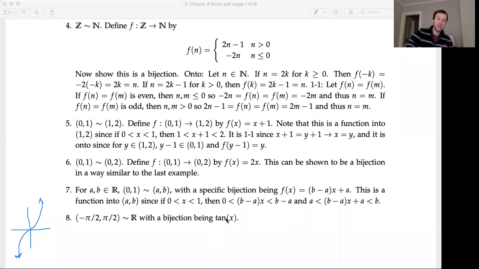Tangent restricted to this range is a bijection and has an inverse function, arctangent. So this is things getting even weirder. This finite interval is equinumerous to all of the real numbers. But if we're going to go with bijections as the way of saying that sets have the same size, we're stuck with this, and we just chalk it up to infinite things being weird.